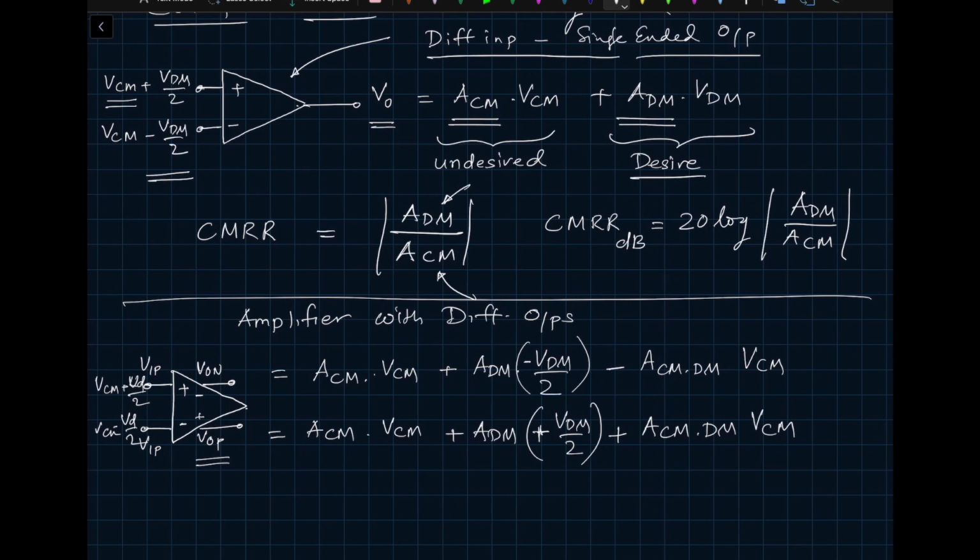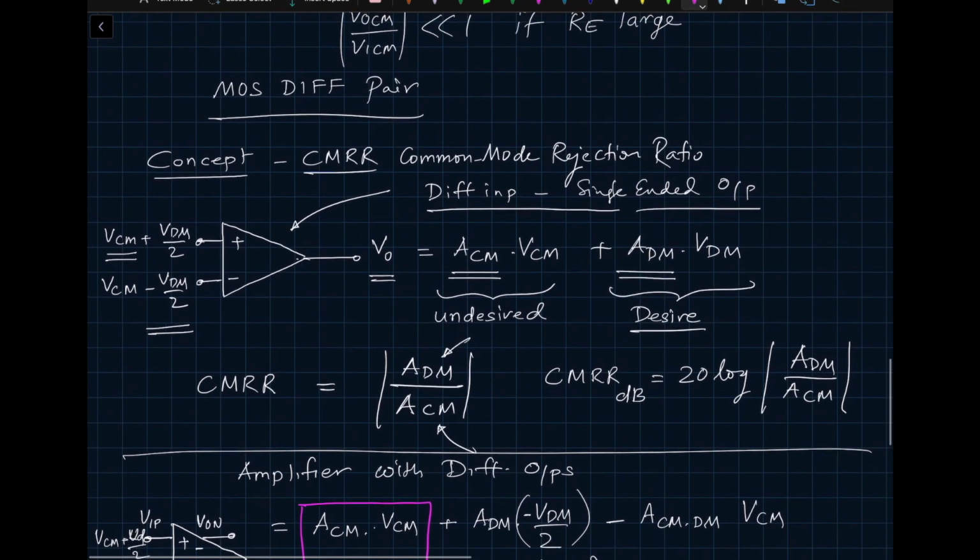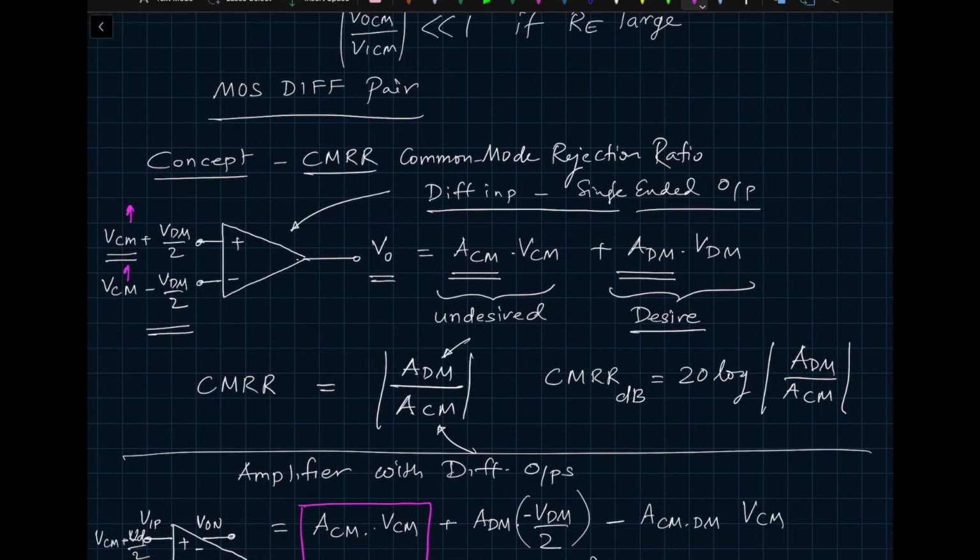So what does the first term mean? In the single-ended case, when VCM went up, the output also moved. We are only applying VCM and the output is moving. When I'm using a single-ended amplifier, I have no way of telling whether I have a differential input or a common mode input just by looking at a single output.